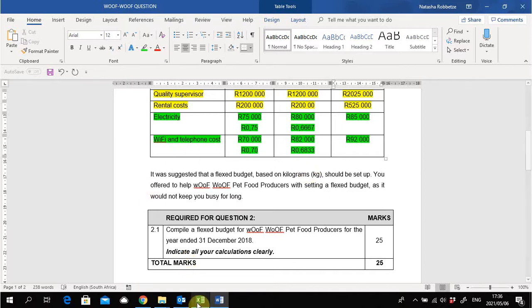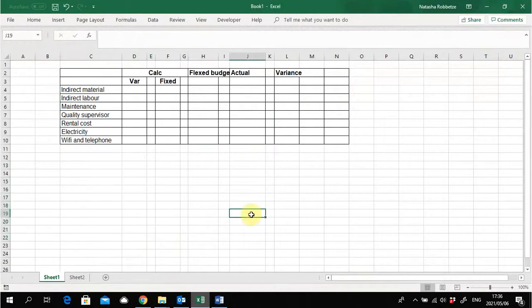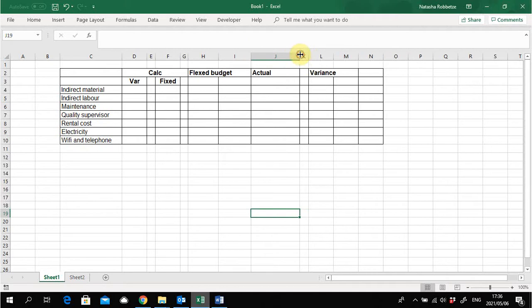Right, so to make it a bit easier, I've already drawn my layout. This is what the report should look like. This portion is clearly my own calculation. So marks are allocated to the flexed budget and to the actual figures. Because the actual figures cannot change, I always like to fill them in first.